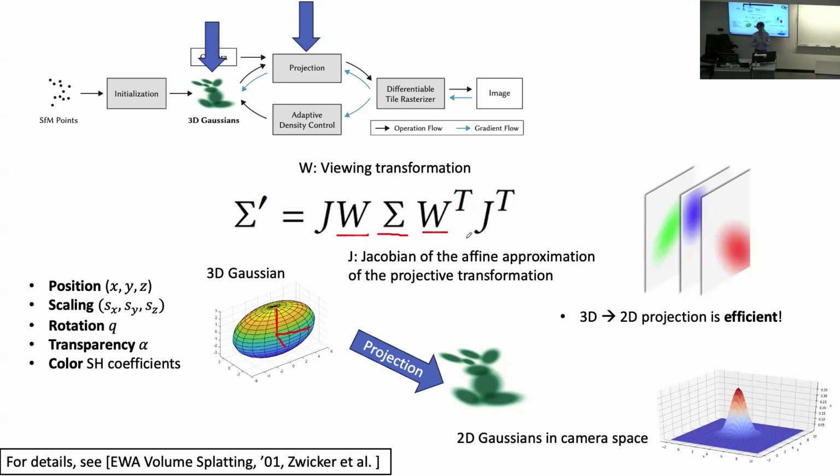And these are just matrices that you can look up, based on the extrinsic camera parameters, so where you put your camera and how you angle it, and the intrinsic parameters such as the focal length and essentially how that camera projects the 3D space into 2D space, which is described by these Jacobian matrices. And if you are curious about this, you can look up this paper which describes this in detail. It's actually quite cool. They have some cool visualization of how they approximate the whole 3D projection.